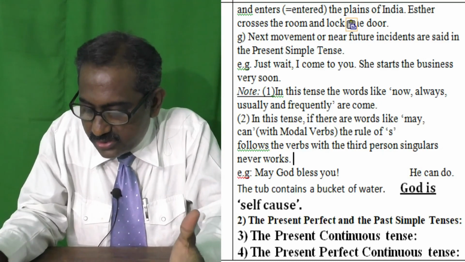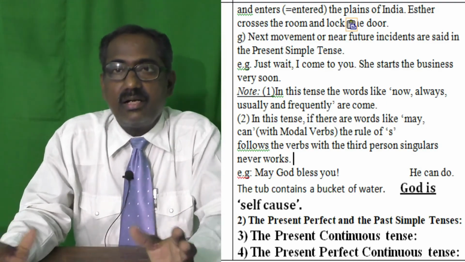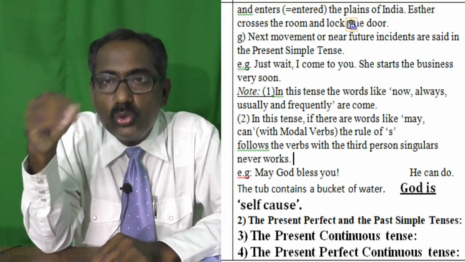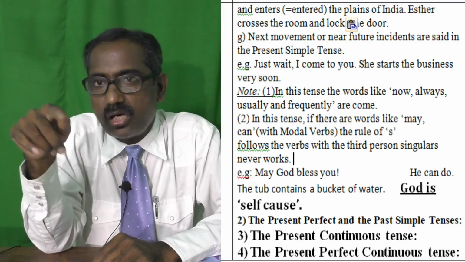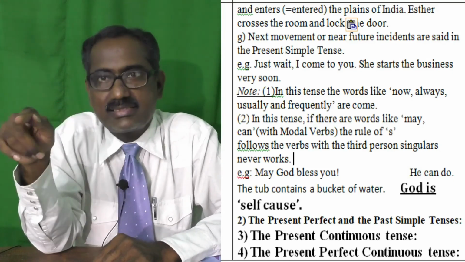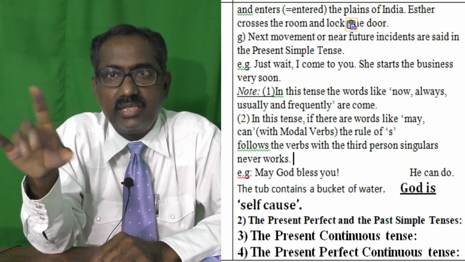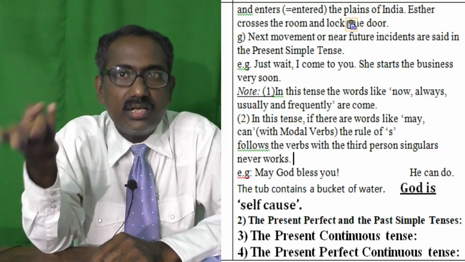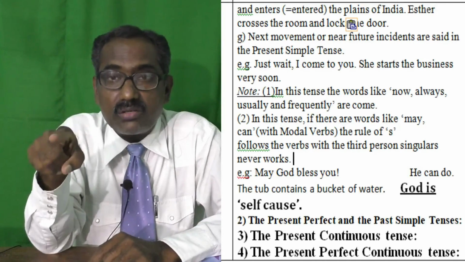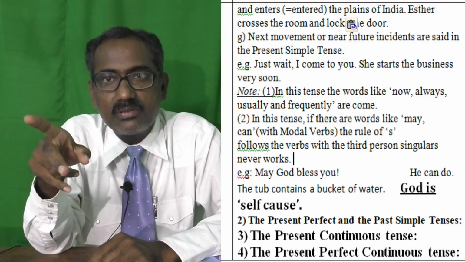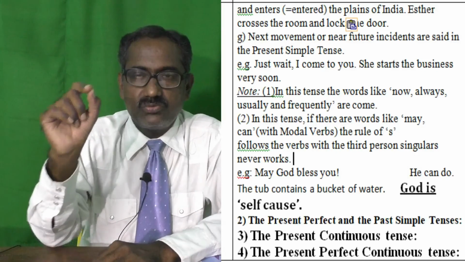Second point: if there are modal verbs like may, can, as in "I can do, he can do," we do not add -es to third person singulars. Actually "he does" is right. But if we use the modal verb can, a double verb, "he can do" is enough. We need not say "he can does." It is one of the important things.